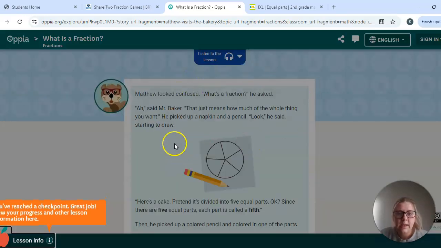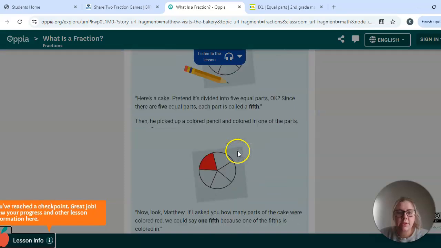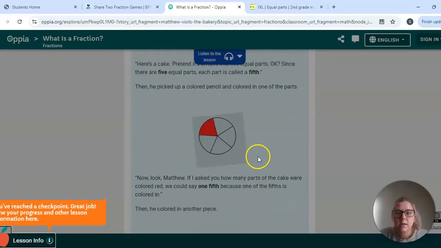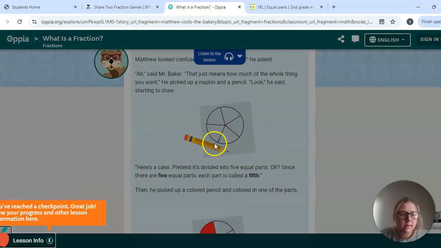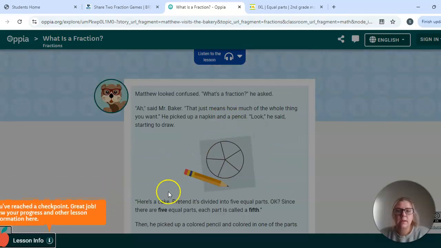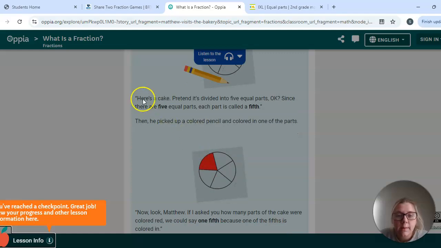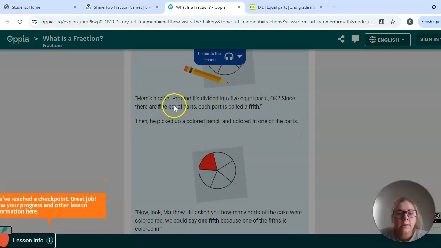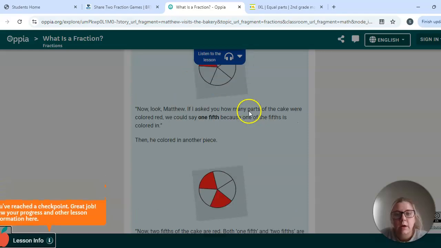And then it'll eventually get up to a question. Anyway, so we're learning about what a fraction is. Here's a cake. Pretend it's divided into 5 equal parts. So since there are 5 equal parts, each part is called a fifth.